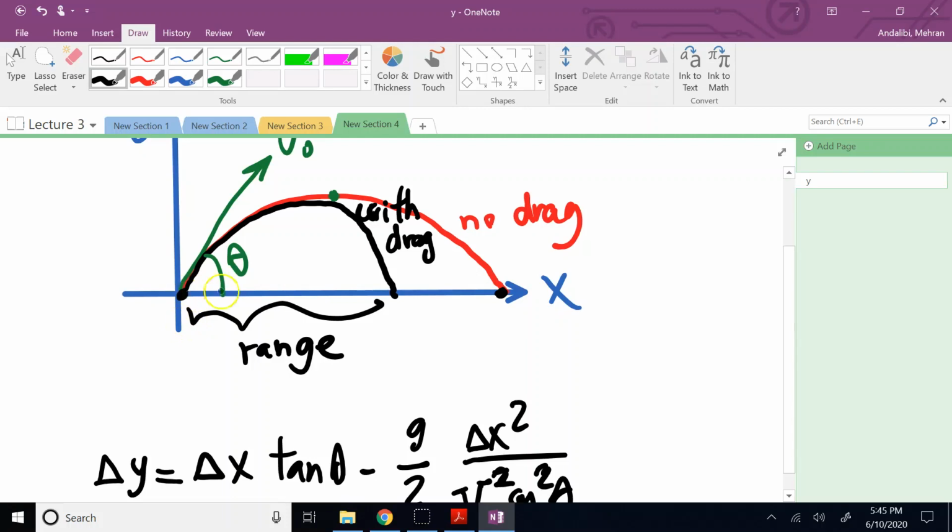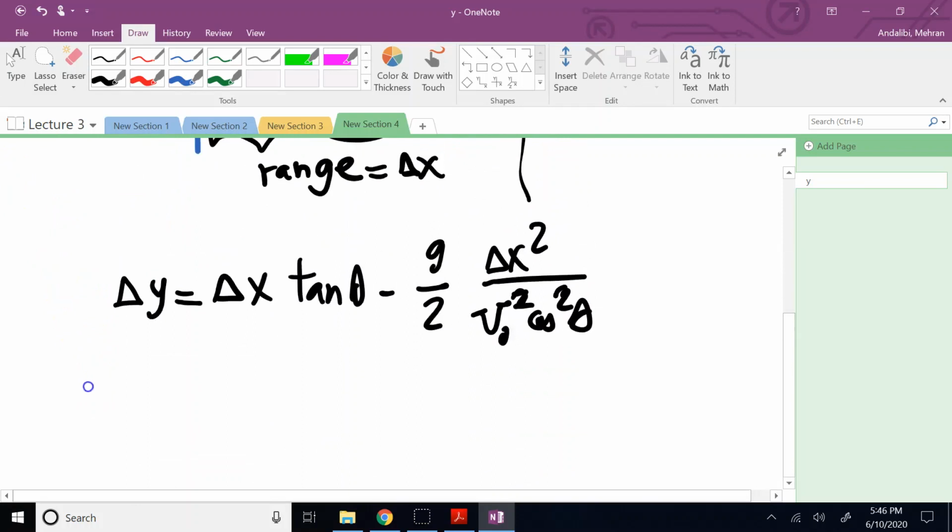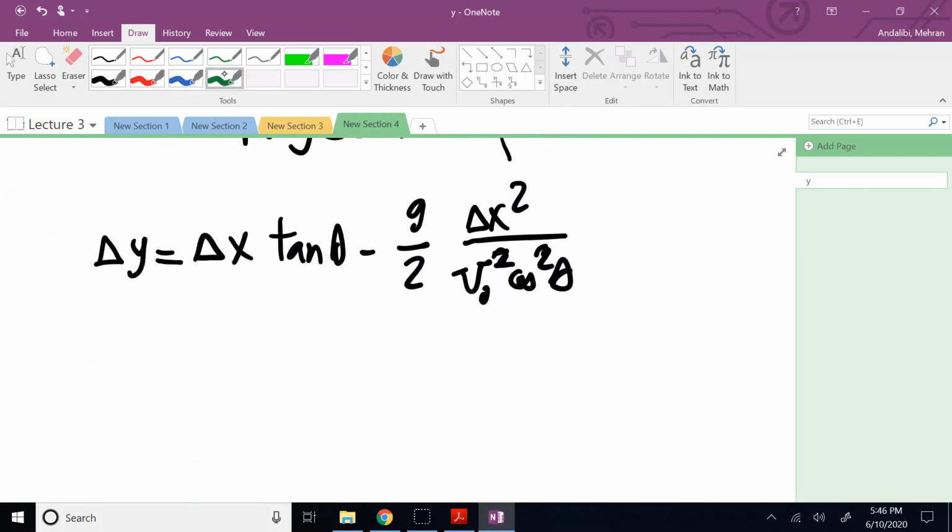So what is delta y? Delta y is y minus y naught, which in this case, since I go back to the same elevation, should be equal to 0. And delta x is current x minus initial x. So this range is going to be the same as what? Delta x, right? So when the projectile hits the ground, delta y is equal to 0 and delta x is equal to what?